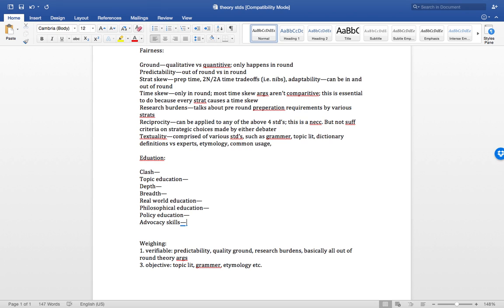They all talk about some sort of education relating to the topic. Relating to the topic or relating to debate? Relating to debate. Right. So all 4 of these seem to have pinpointed different aspects of what makes debate educational.